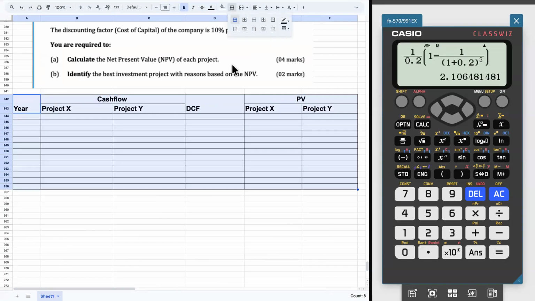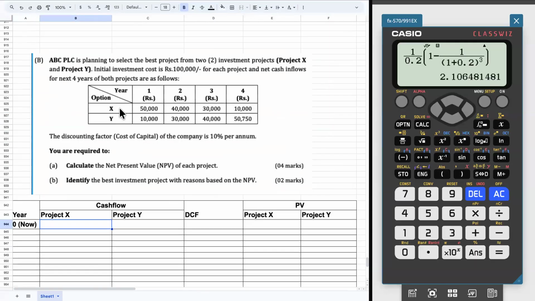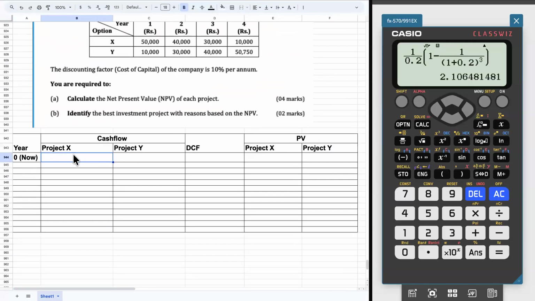Right? Now, year zero, I told you year zero means now. If we are investing something, we are in the now. Let's say each project is going to cost you 100,000. It means the initial cash outflow, in brackets, 100,000 for project X and project Y. And as I mentioned earlier in the sessions also, the discounting factor for the now moment is always 1, because we don't need to discount.